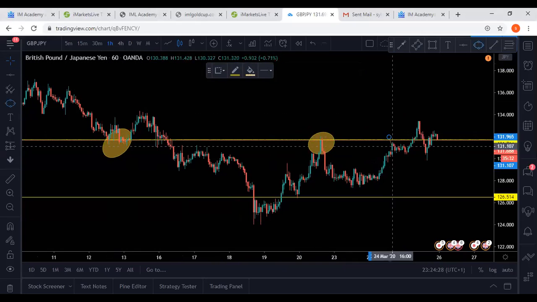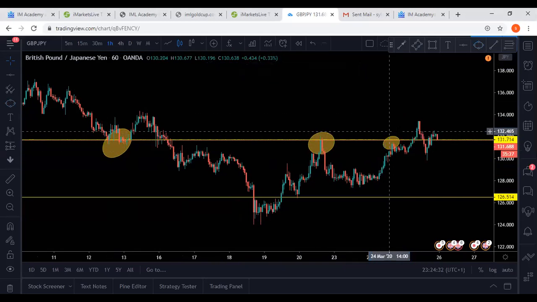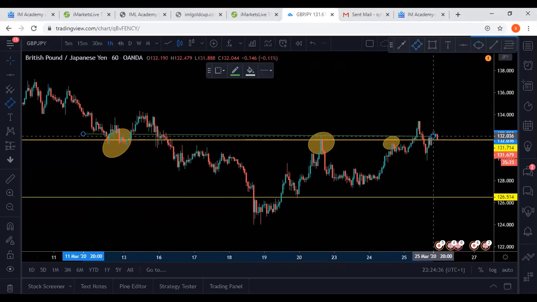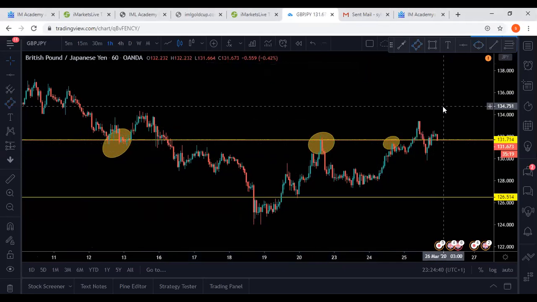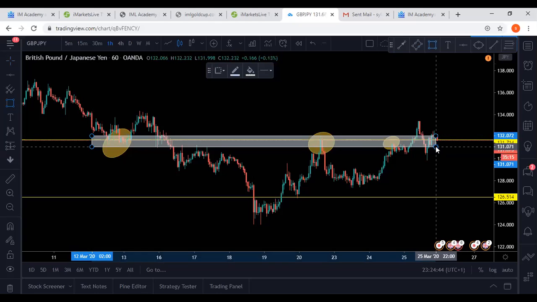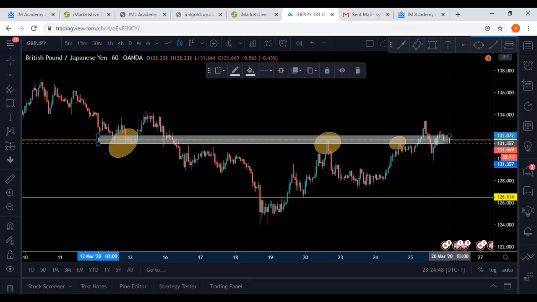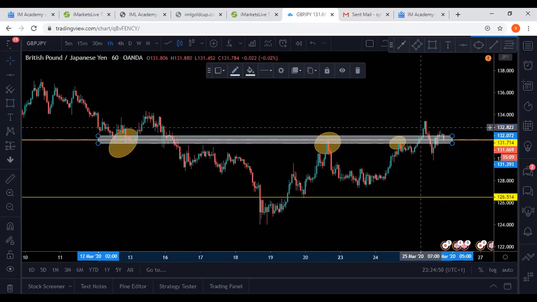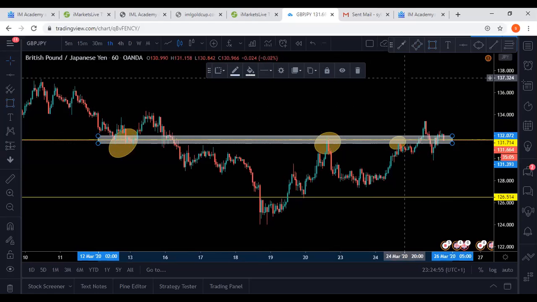It's not necessary that price is perfectly touching the line. That's why you have what we call your zones. You can draw this zone. It's not compulsory that it touches the line exactly. It's an area, a zone, right?